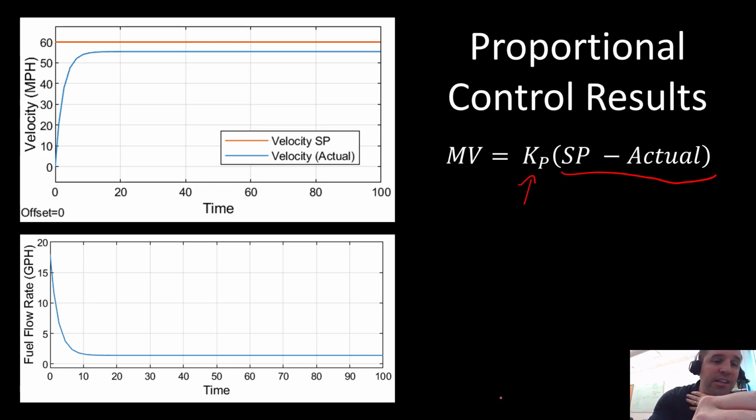As you can see, in this particular case, we do have this persistent error here. So if we could do something like integrate that error over time, that introduces another control mechanism, which will be integral control action. So stay tuned for the next video where we'll add in integral control action and see the effects there.